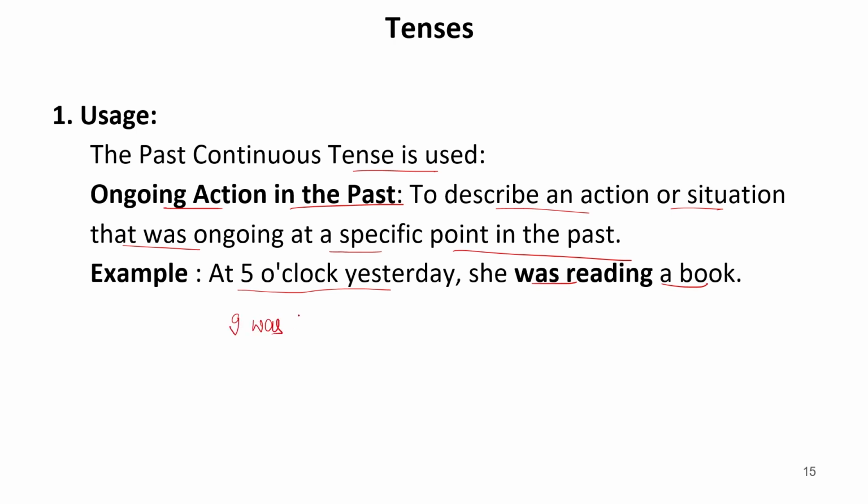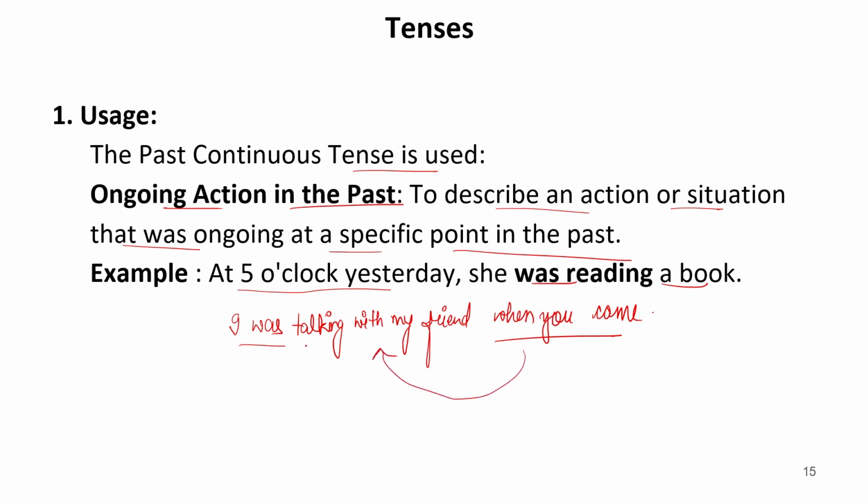I was talking with my friend when you came. So this part shows the time of past, and what actually was happening at that particular time can be shown through past continuous tense.